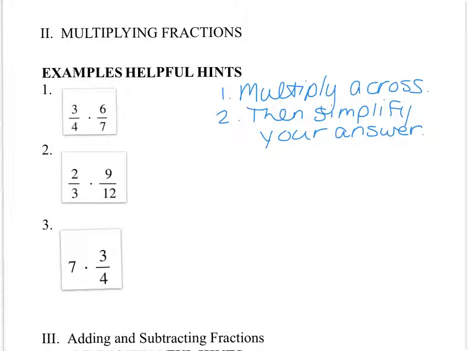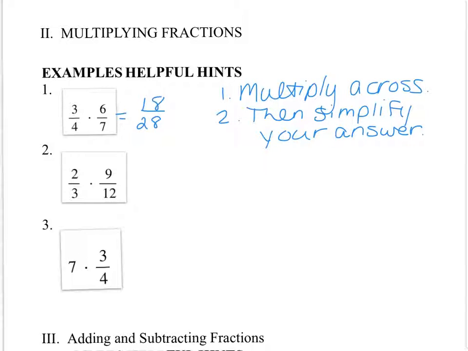Okay, so for number 1, you multiply straight across. 3 times 6 is 18. 4 times 7 is 28. And then we would need to simplify 18 and 28. So what number divides into 18 and 28? What numbers divide into 18? 2. 2 goes into 18 and 28, but is that the biggest one? Then I have 6 goes into 18, but it doesn't go into 28. 9.